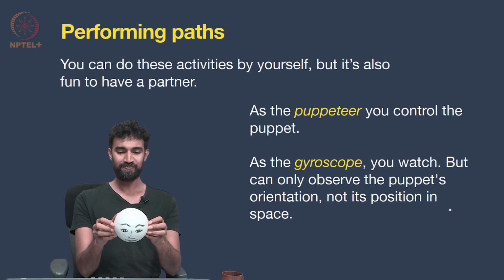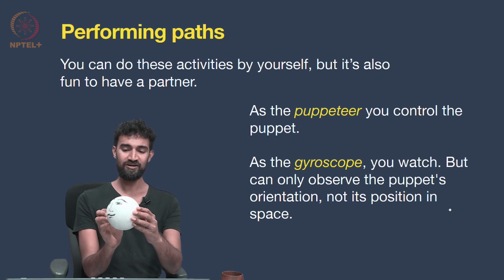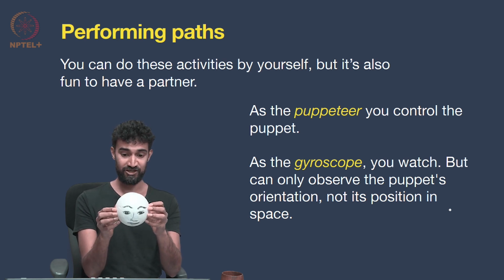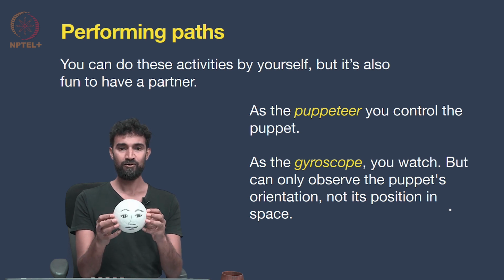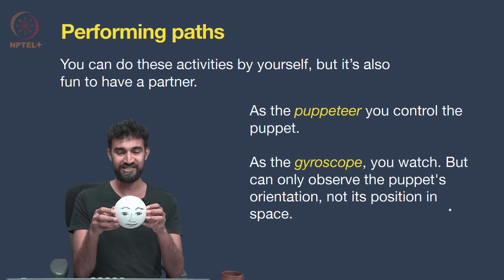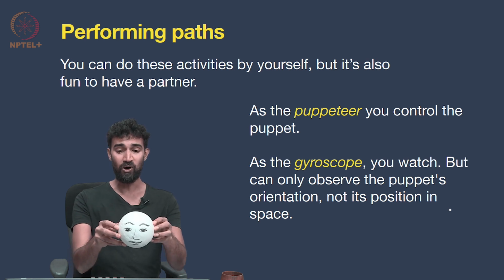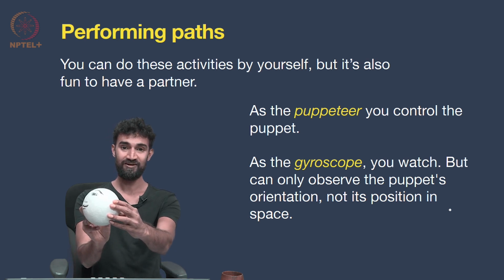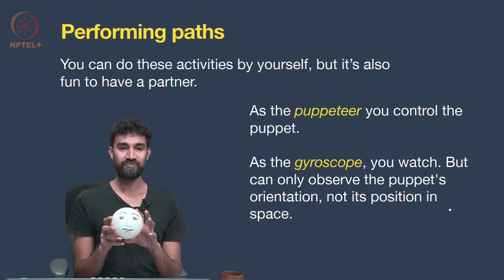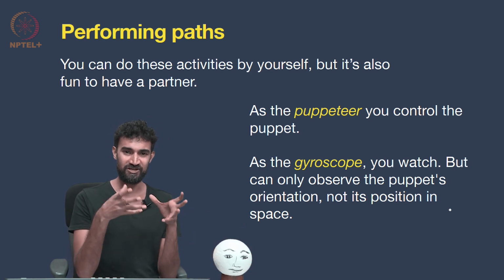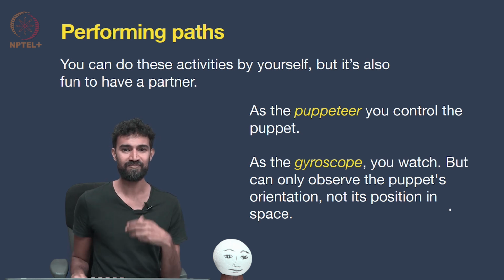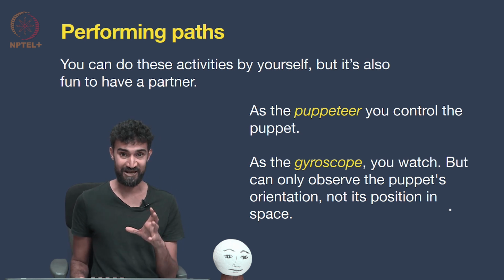So for example, this path, which starts here, 1, 2, 3, would be the same as this path, which also starts here, 1, 2, 3. In the second version, the position was changing, but that doesn't matter. In terms of the orientation, they were doing the same thing. As paths in orientation space, they were the same.